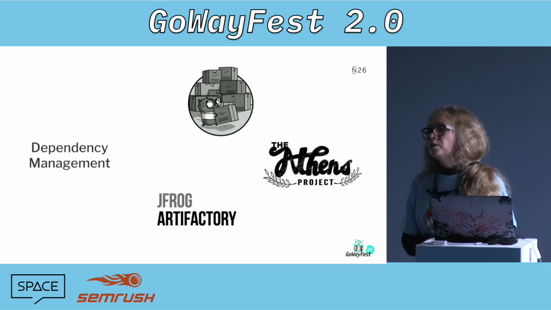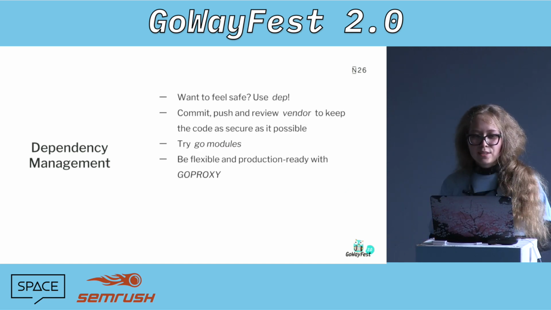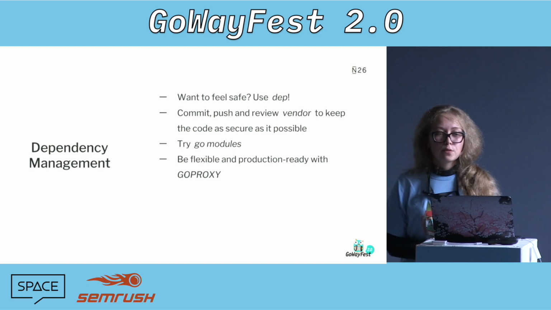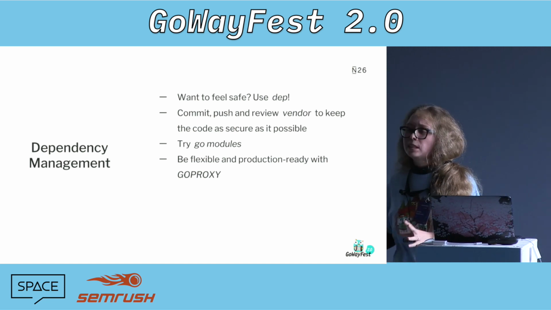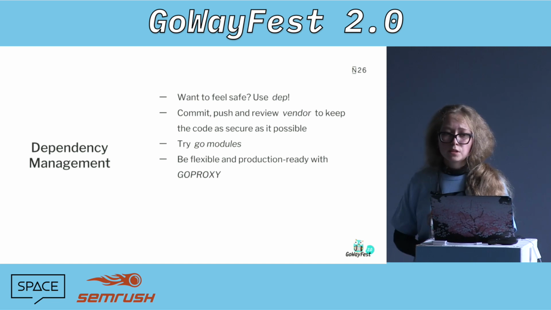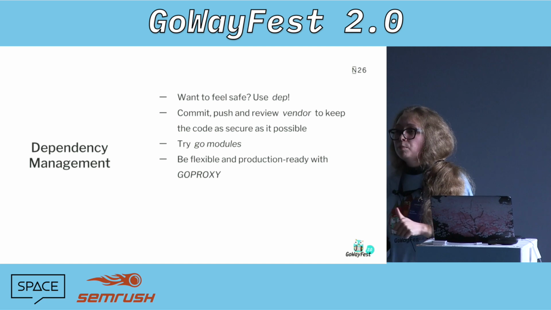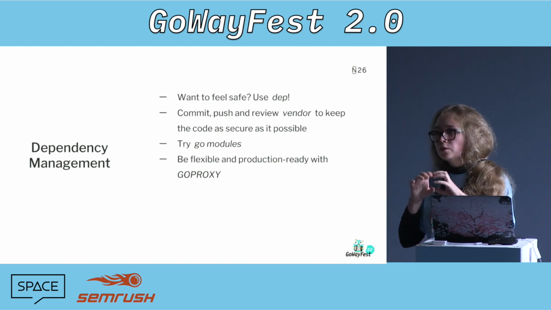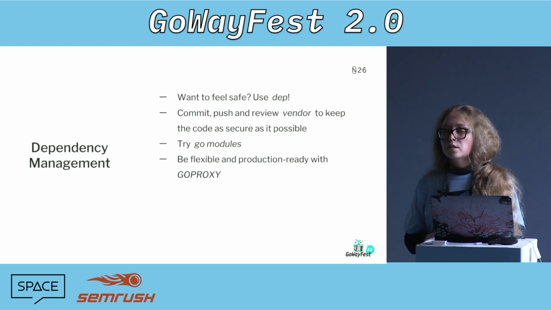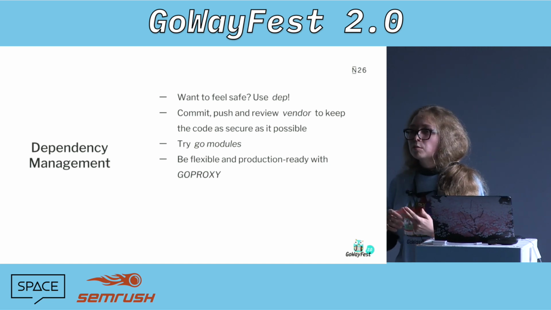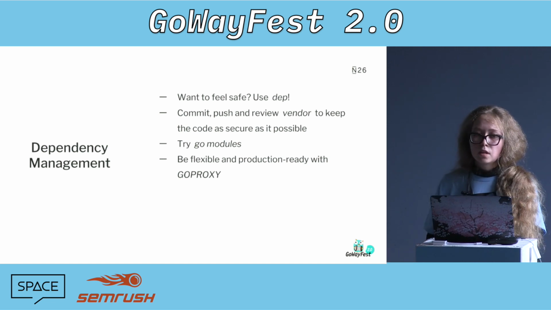Okay, the next topic is very controversial, dependency management. Just a few lines. First of all, if you want to be safe, use dep, because we know more or less how dep works and what to expect from it and what not. And also commit, push and keep your vendor with your repo, because in case Git is not available, or somebody hacked some library and replaced it with some very bad code, you will be safe.